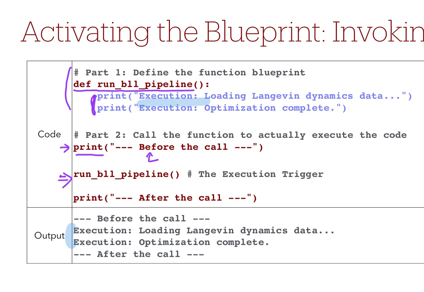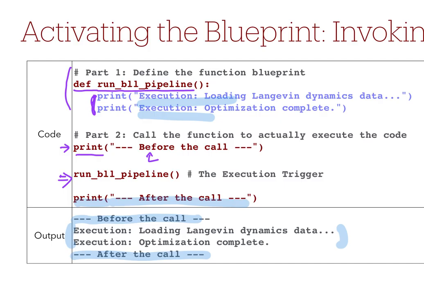So those are the output from this function, run BLL pipeline. So right after the result of the first print, two print statements inside this function will be executed. And then right after that, you get the output from this print that will be displayed here.